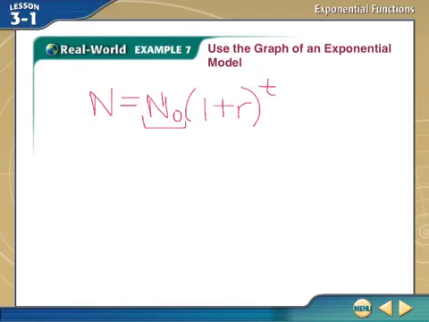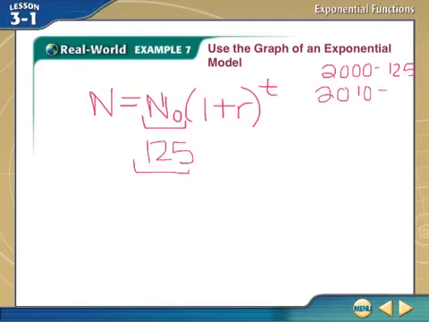That's our initial population. In this case, our initial population is 125. That was the population of the deer in 2000. There were 125 deer. And in 2010, there were 264 deer.